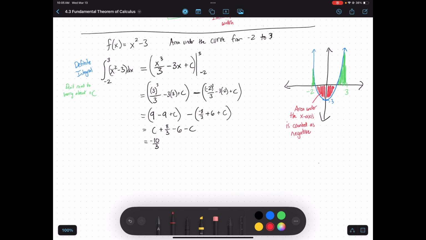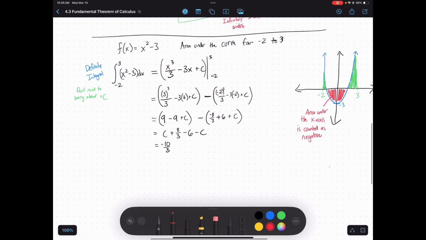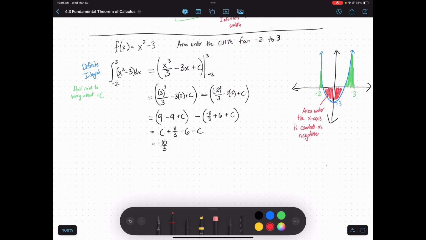Okay, so to summarize here, to go over some big ideas before we move on to the next example. When I use a definite integral, I'm talking about the area under a curve.